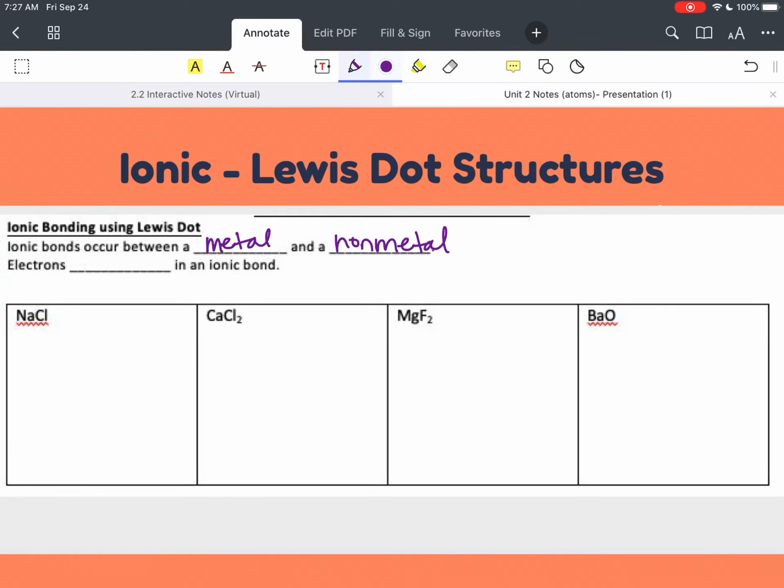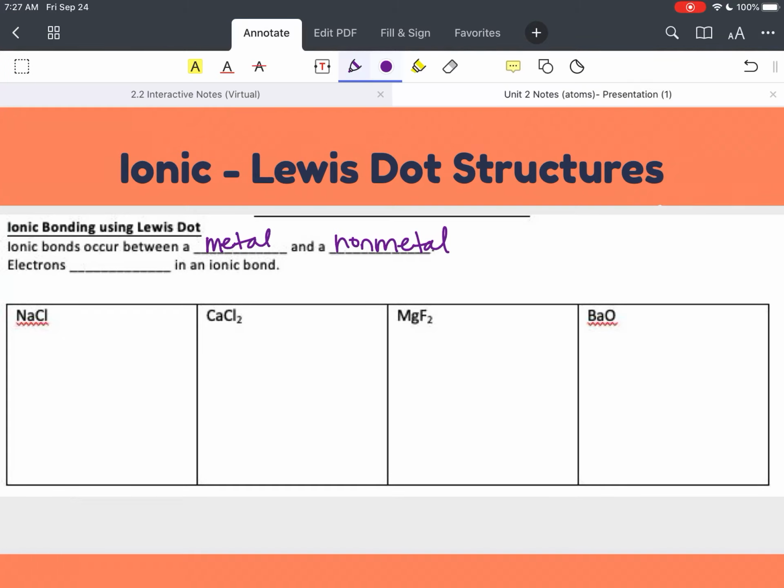The elements sitting on top of the stairs are metalloids. We're not going to use those too much because they're funny; they can sometimes have properties of nonmetals and sometimes properties of metals. That's just shown in their Lewis structures also.